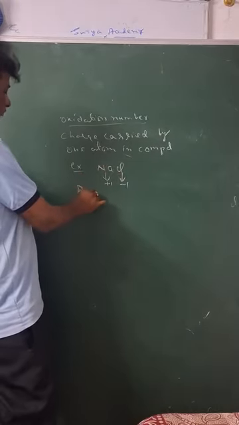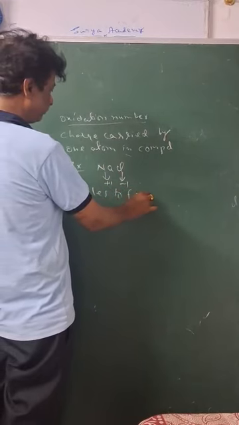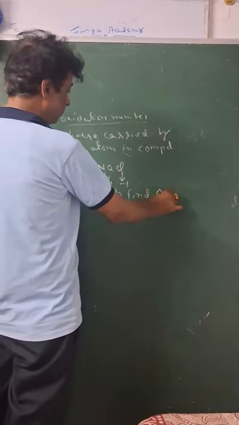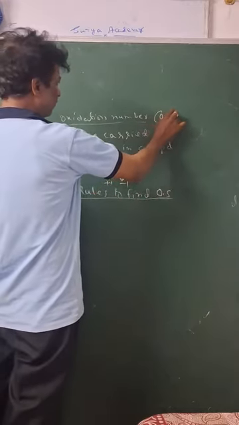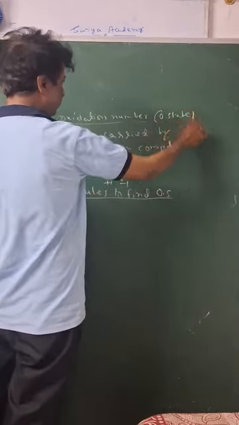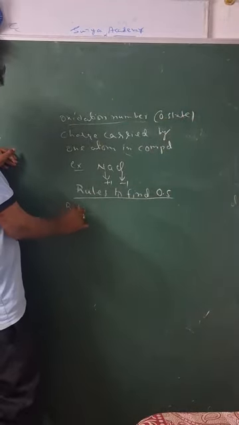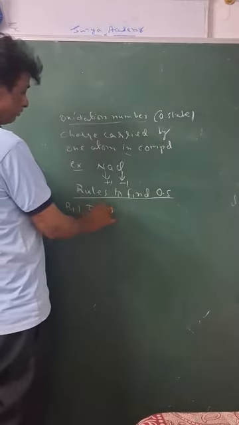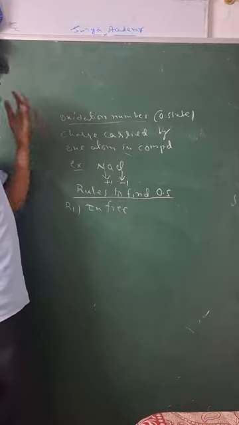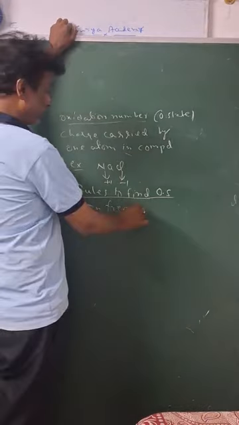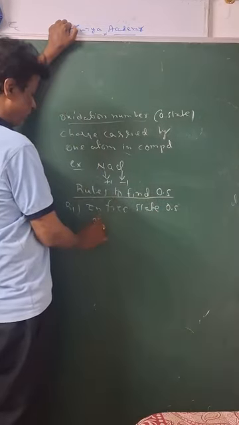Certain rules are there to find the oxidation number, or oxidation state. First rule: in the free state, meaning one kind of atoms, the oxidation state of any element is 0.